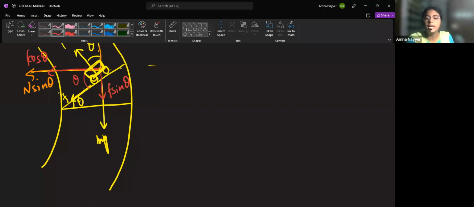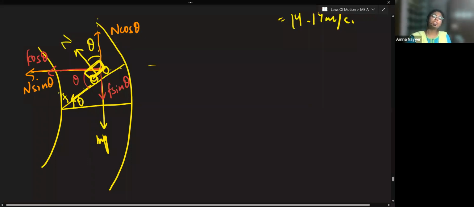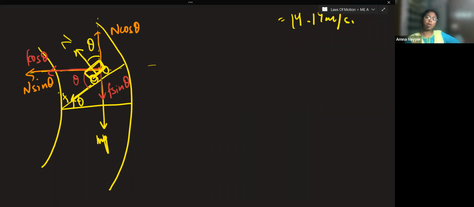Now see, here, which force according to you will provide the necessary centripetal force? Because I have resolved the force as well. So if you think a component will provide, let me know which component. Centripetal force, which is mv square by r, is equal to what?